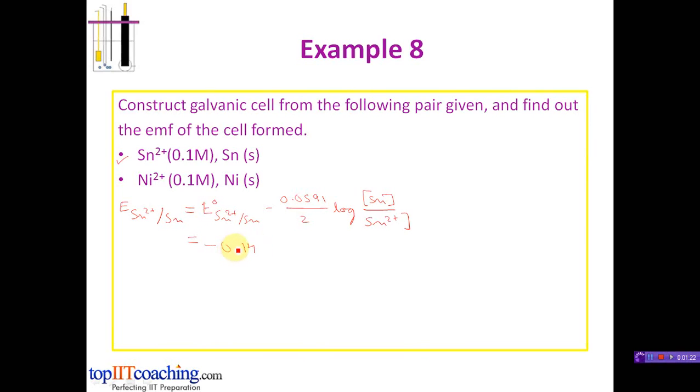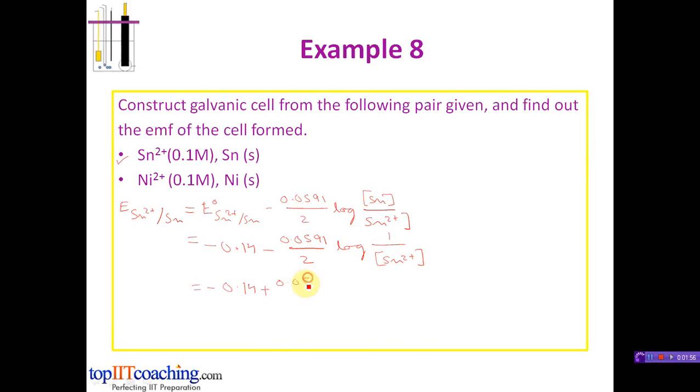Now this will be equal to minus 0.14. We can find out this value from the table of standard electrode potentials. Minus 0.0591 divided by 2 log 1 upon Sn2+ concentration.